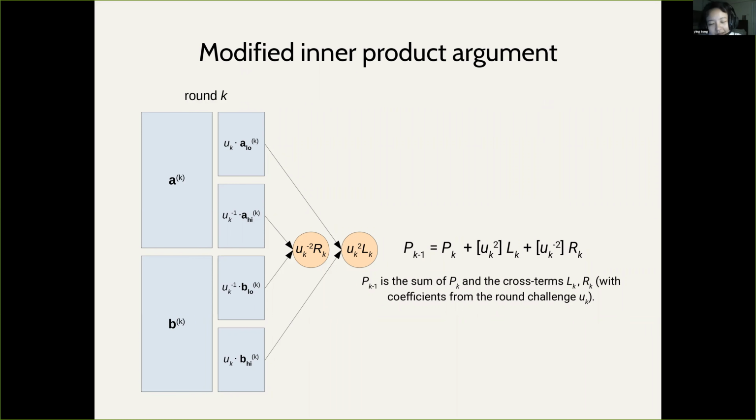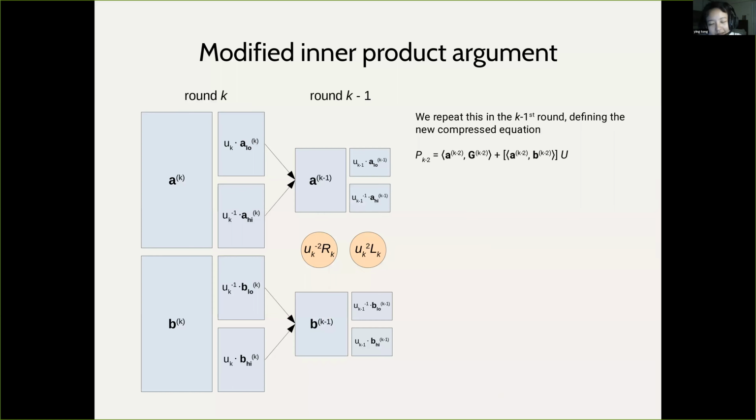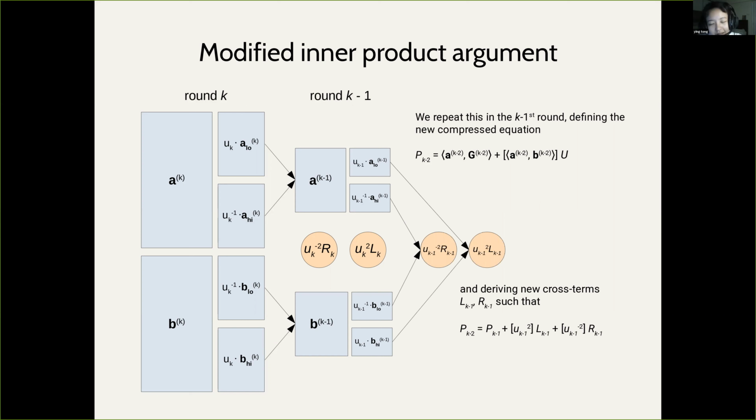The next slide is just me making it explicit that P1 is just our original P plus these two cross terms, and we're now involving these random challenges from round K. So now let's go to round K minus 1 in the next slide. In round K minus 1, again, we're bisecting our vectors.